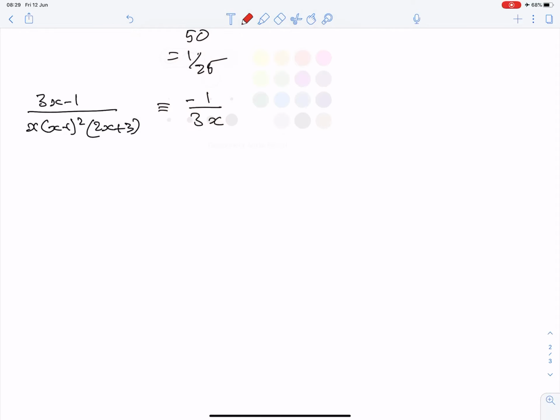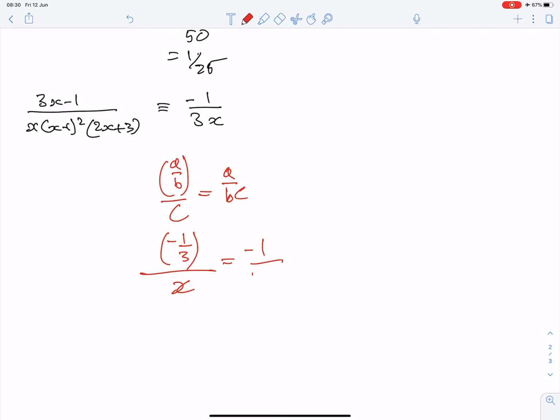We're using that A over B over C equals A over BC idea, so negative 1/3 over x is equal to negative 1 over 3x.